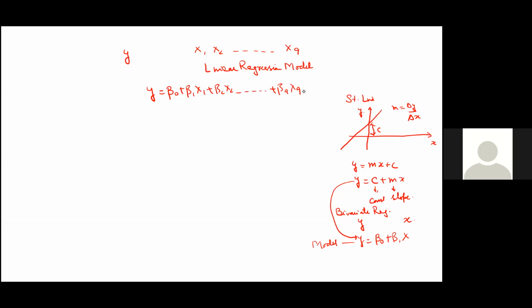This is just an extension of bivariate regression, or in other words, bivariate regression is a particular case of multivariate regression where we have a single independent variable. As you observe, all the regression coefficients beta 0, beta 1, up to beta 9 are of single degree, so they are linear in nature. This is our regression part.